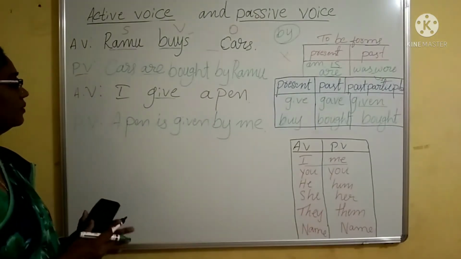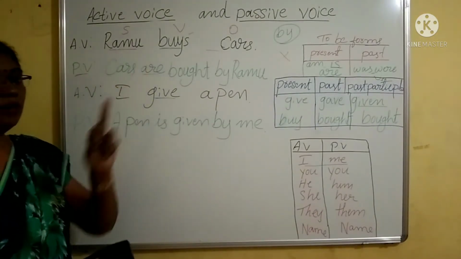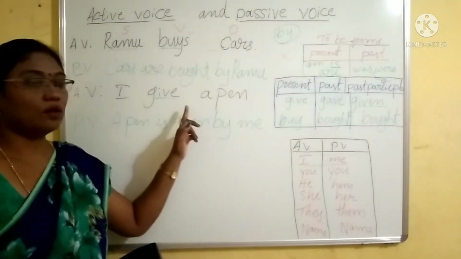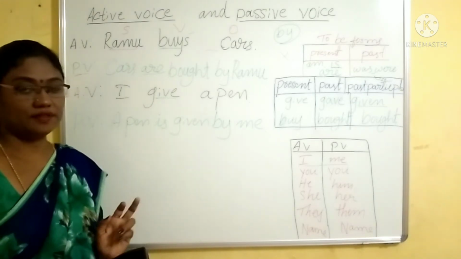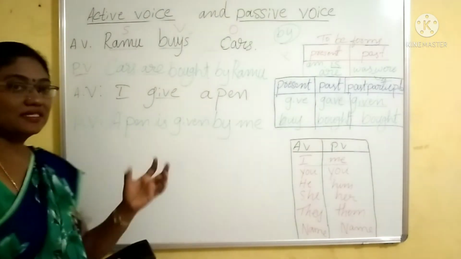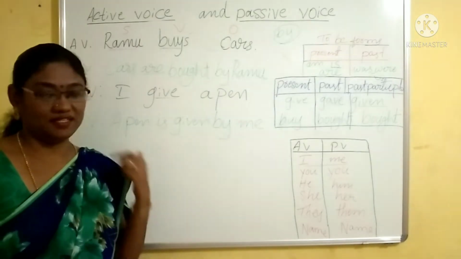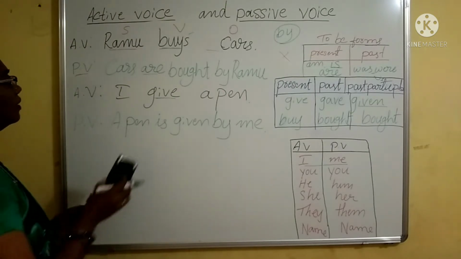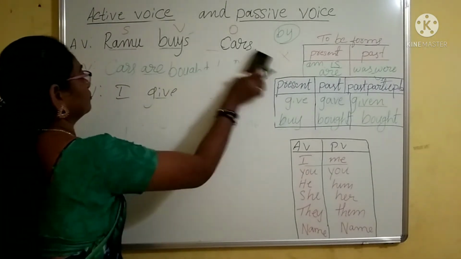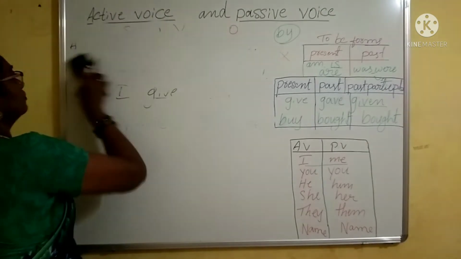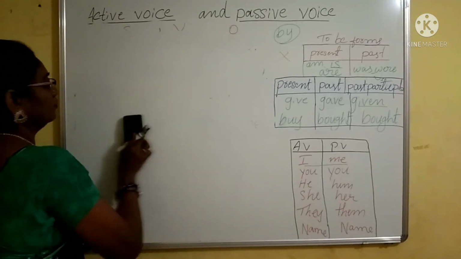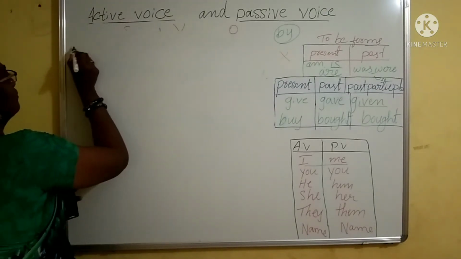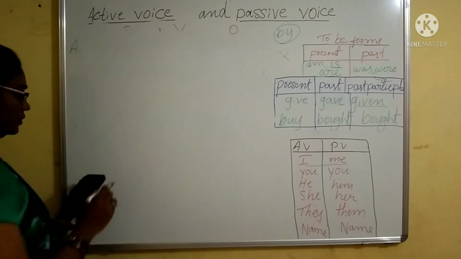Now see, this is present simple tense. I give a pen, and this sentence is also present simple tense. Now let's take present continuous tense. Active voice.